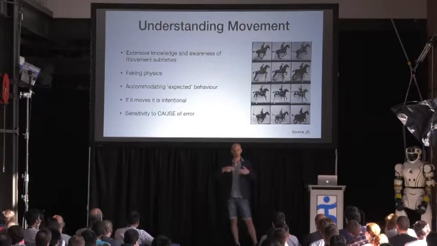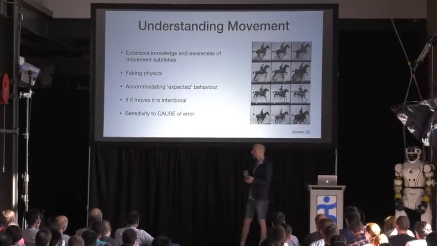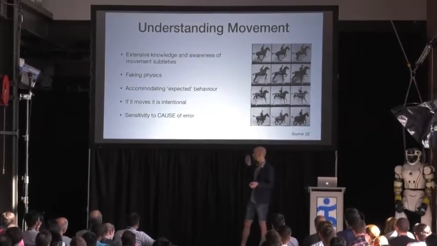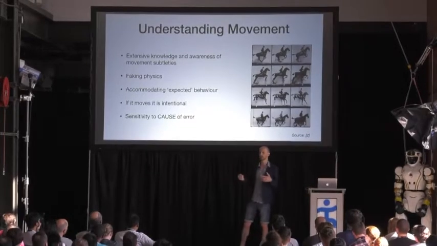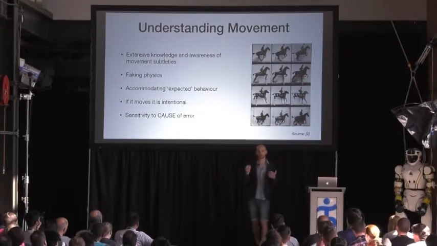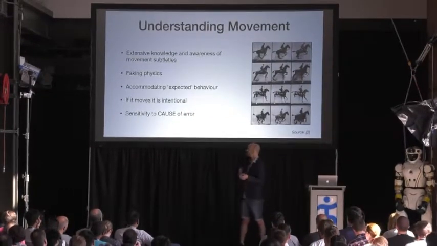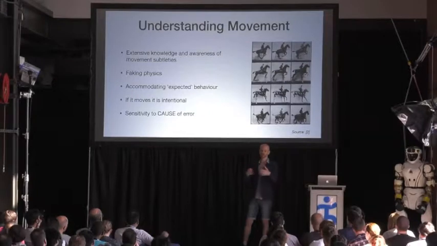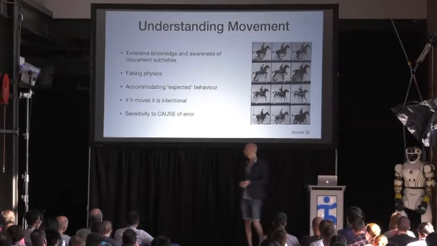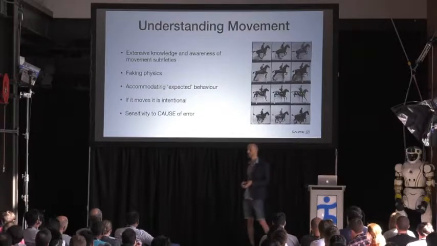So we basically decide that this thing looks nice moving in that way. And when we had the talk, it was basically about what people expect out of movement. When you look at a certain object, you have a very good definition of how it's supposed to move. And as an animator, you simply have to understand what that expectation is and then move it according to that. And as I said, if it moves, it's intentional.